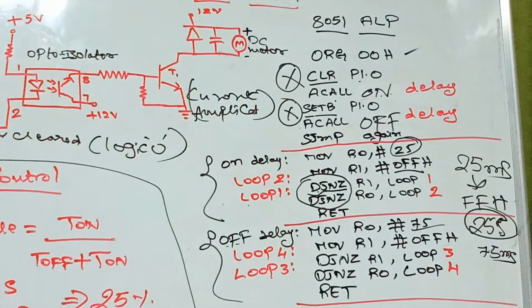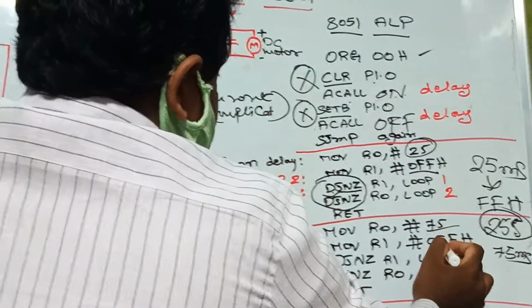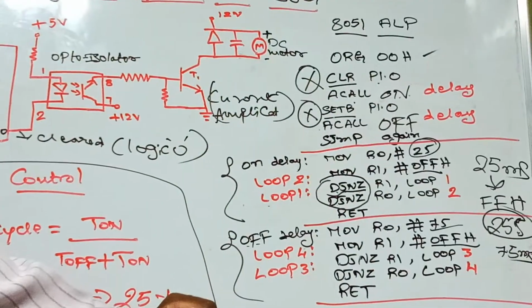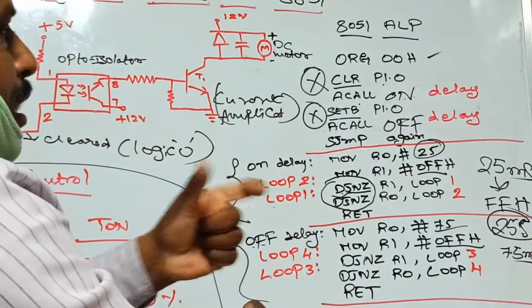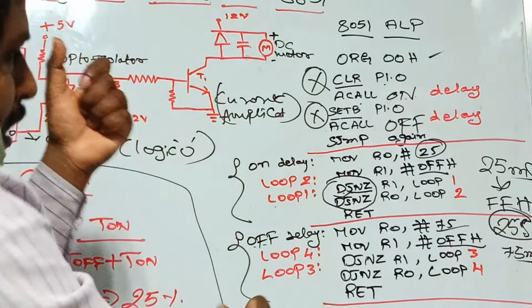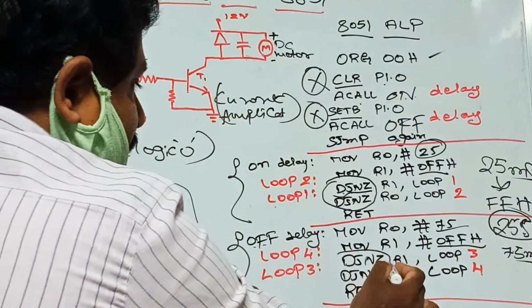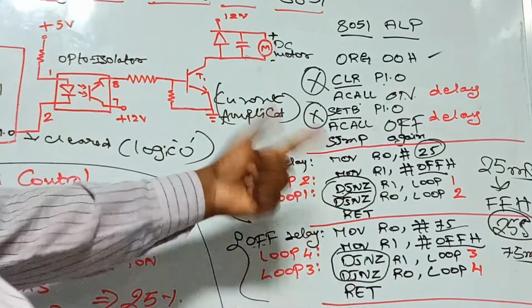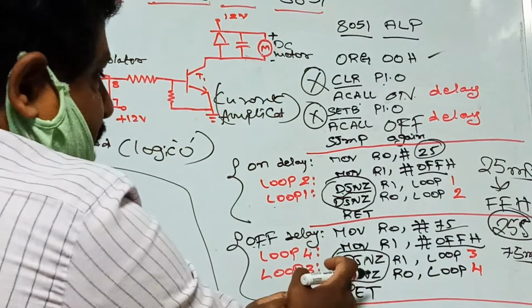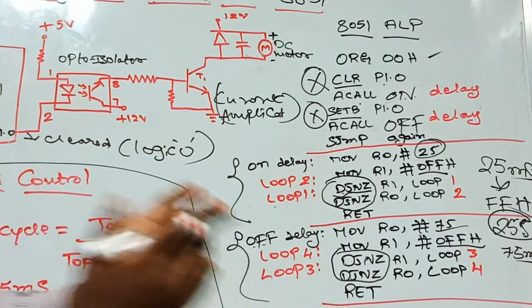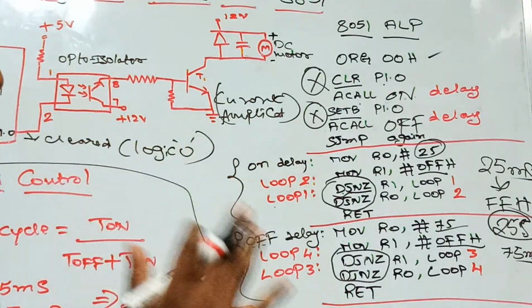75 milliseconds is the minimum timer I gave, but the maximum here is 0FFH. Till 0FFH we can set the timer to turn off or to turn on. Then once again I have given another two instructions, the same as what I gave in the on timer. Here in the off timer also we have given DJNZ. DJNZ stands for decrement and jump if not 0.